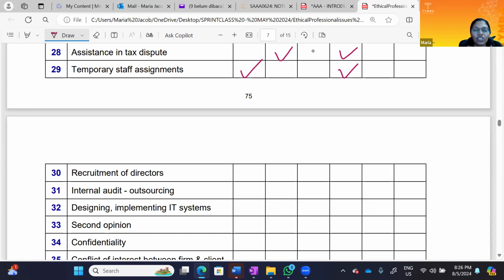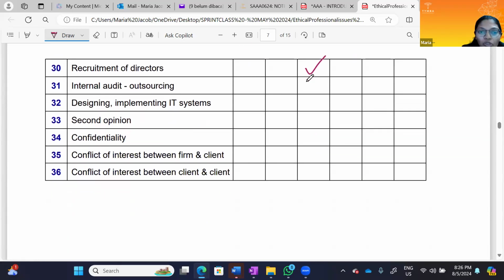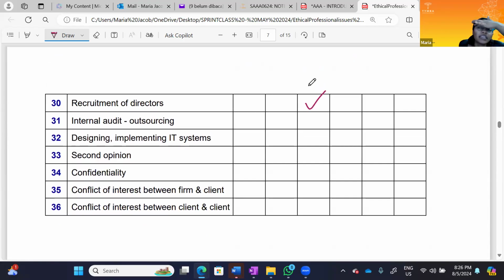Recruitment of directors, okay, prohibited. We cannot do it because it will be a self-interest threat. Internal audit outsourcing. Can we provide internal audit services? Yes, because we are going to audit the internal control also.